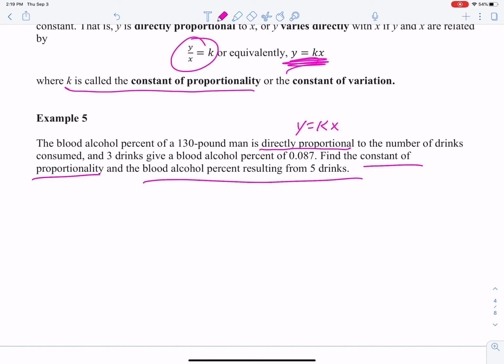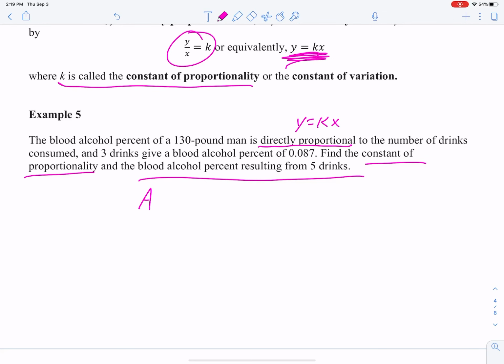Okay, so again, since it's directly proportional, we're going to say y equals kx. But let's use variables that make more sense for this problem, right? So we have the blood alcohol content, right? So we could say A for alcohol content or alcohol percent is proportional to the number of drinks. All right, A equals KD.